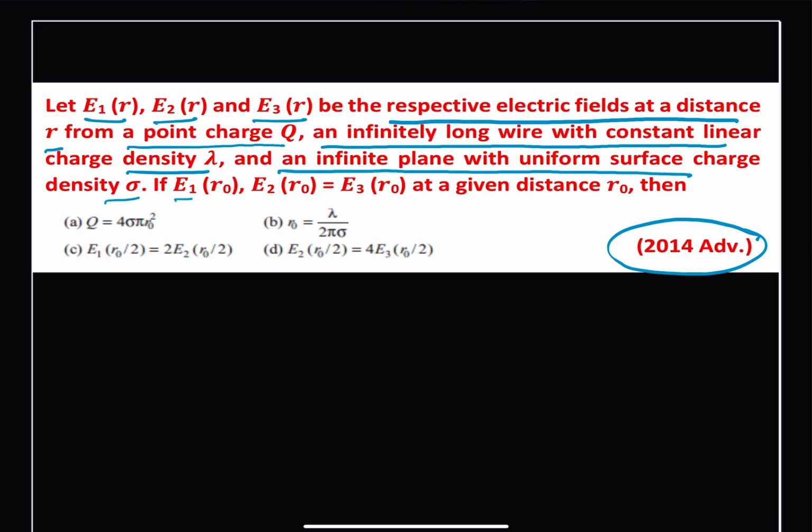If E1(R0) is equal to E2(R0) is equal to E3(R0) at a given distance R0, then we have to find out the correct relationship when the distance is R0 by 2, and we are going to find out what R0 is.